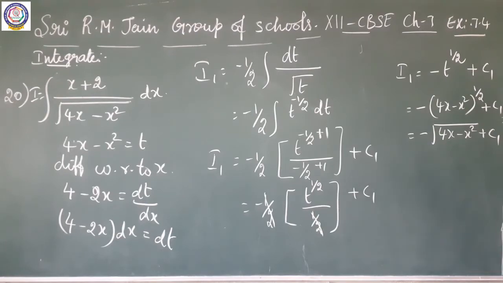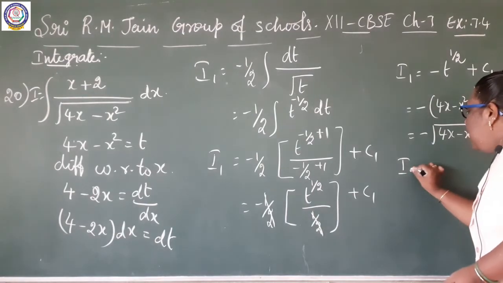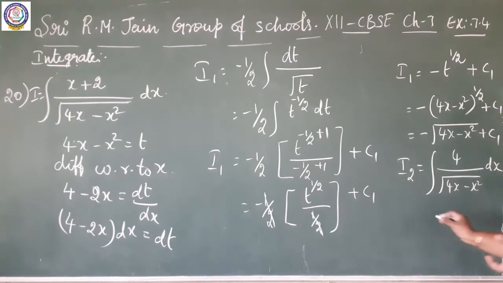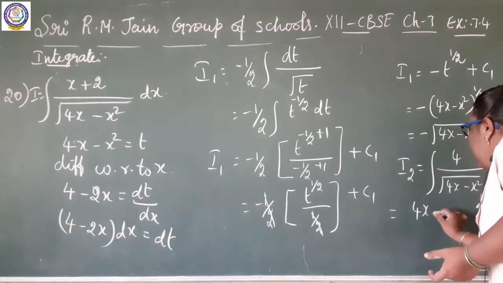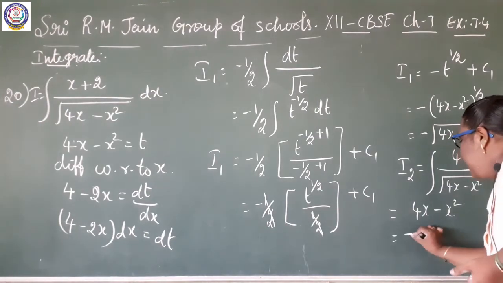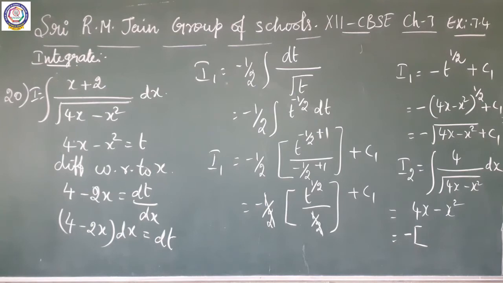Now we move on to I2. What is I2 here? I2 equal to integral 4 by root of 4x minus x square into dx. This value alone you can take, and make it using the completing the square method. See here, 4x minus x square. So minus you can take out, because the coefficient of x square here is minus.